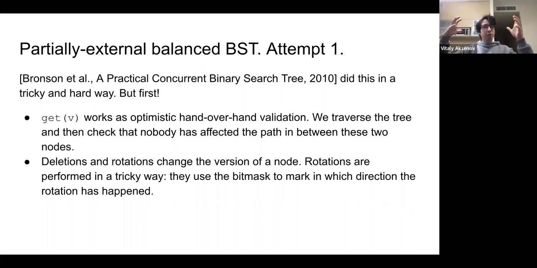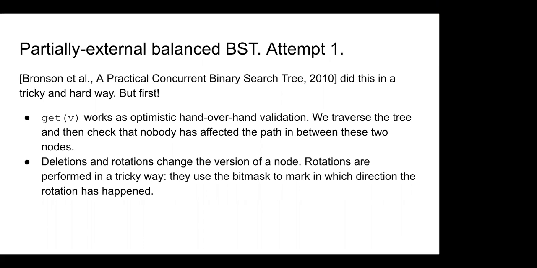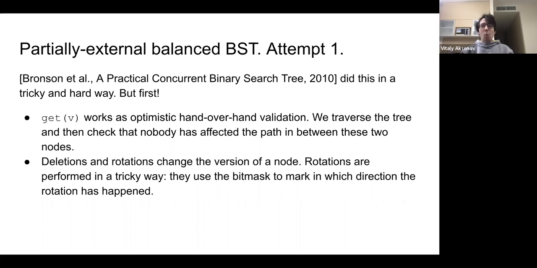The hand-over-hand locking approach is that we take the first guy and the second guy, check if we are there, and then we release the leftmost guy and take the rightmost. Then you release the left guy, take the next one, and so on. And the operations are kind of serialized one after another. Okay, I remembered.